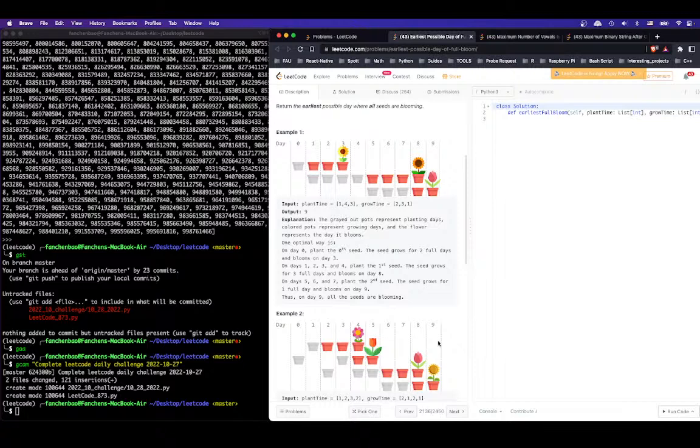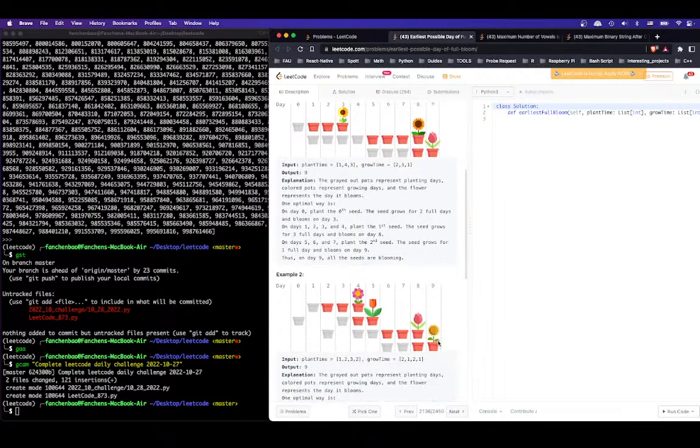Go the longest day first. No, what was that scheme? Get the longest bloom first. And then within the longest bloom, we pick the shortest day first.